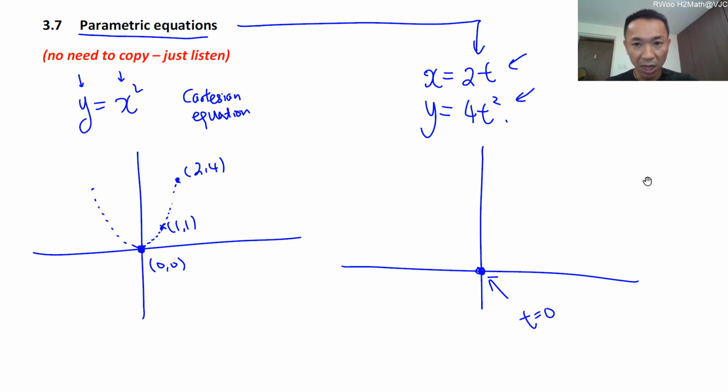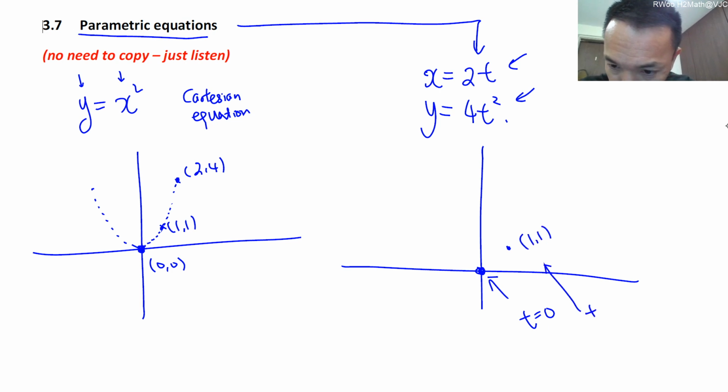If I sub t equals half, I get x equals 1, and I get y also equals 1, so I get another point (1, 1). This is when I substitute t equals half. If I substitute t equals 1, I get x equals 2, y equals 4, I will also get (2, 4).